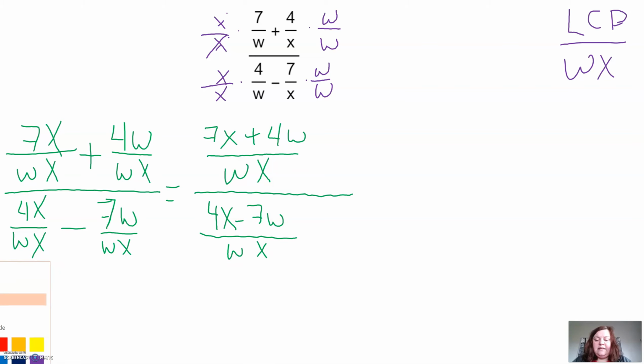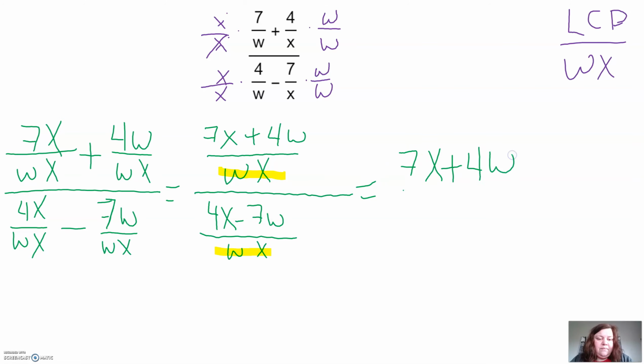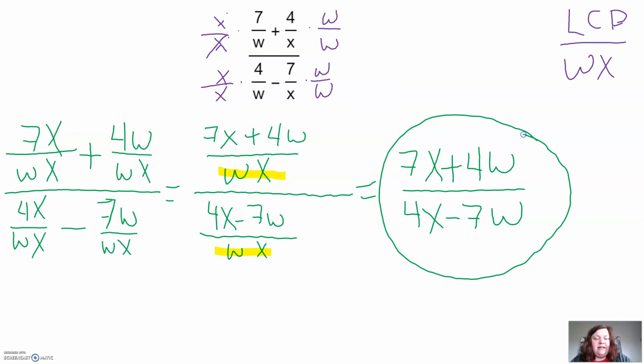If we notice, we have the exact same denominator of those fractions. So I can eliminate those. Once I eliminate them, the only thing left in the numerator is 7x plus 4w. And in my denominator, I'll have 4x minus 7w. This would be my final answer.